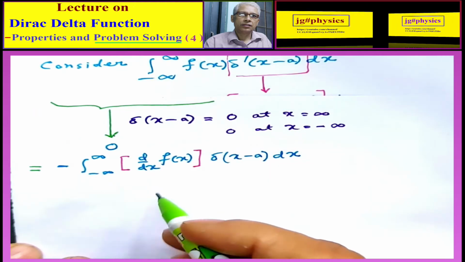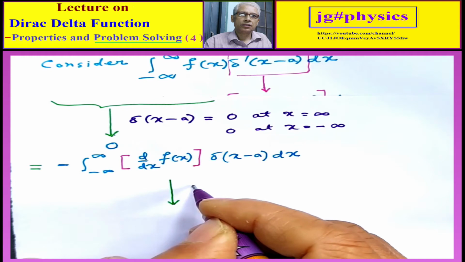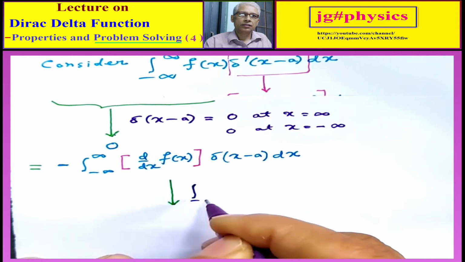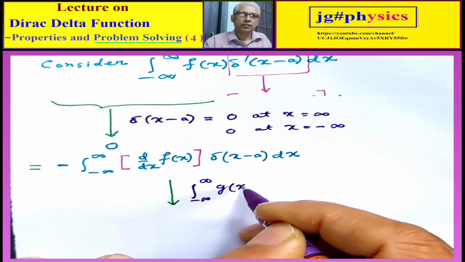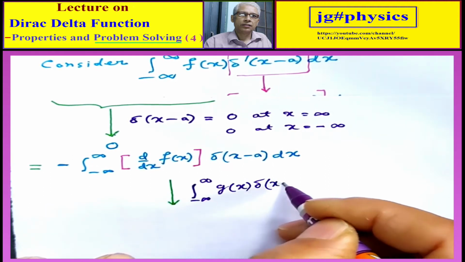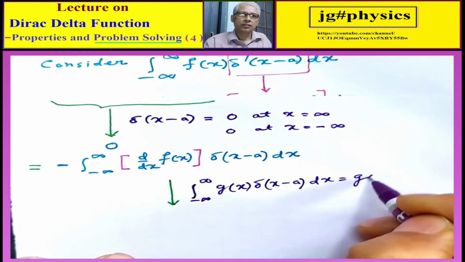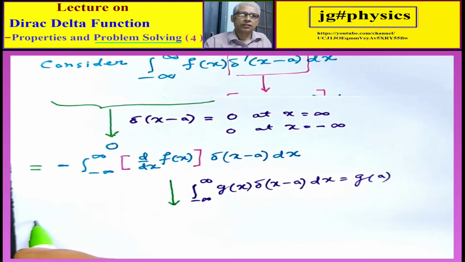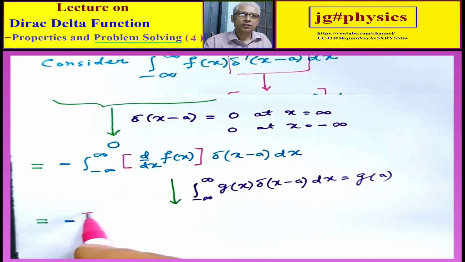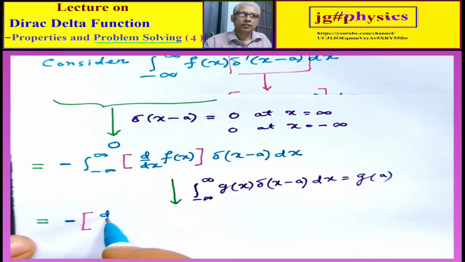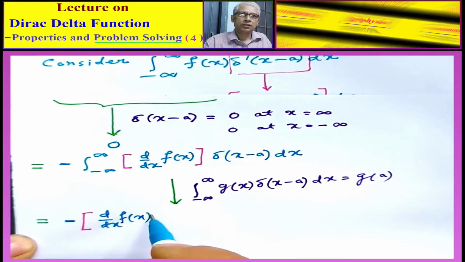Let us apply the formula or the property of Dirac delta function, which is, g of x is actually ddx of f of x.